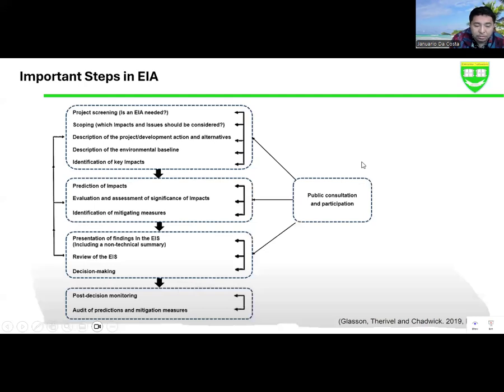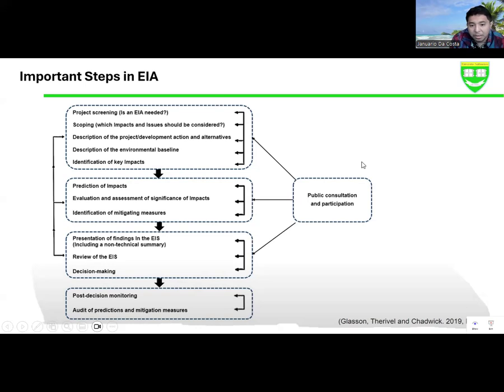And then after that, you give a description about the projects and develop an action or alternative plans if necessary. Then you do the descriptions of the environmental baseline and identification of the key impacts that will occur for the specific projects.